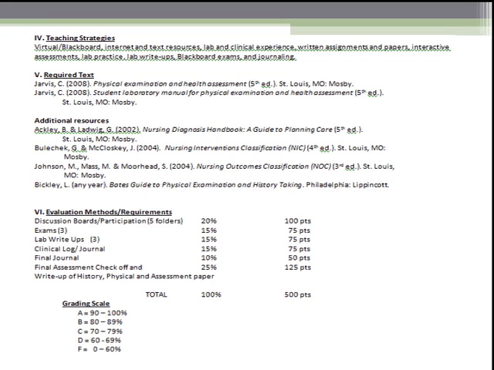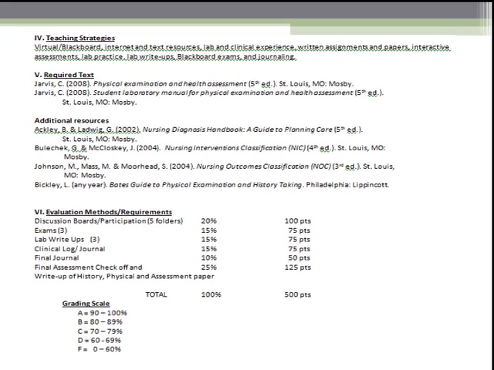We will have 3 exams, 25 points each, 3 lab write-ups, 25 points each. Clinical log and journal. Now that you're going to clinical, you're going to have to keep a clinical log for me. You will find that in the clinical folder under the assignment section. We will do a final journal worth 50 points. However, we will not, hear me clearly, will not be journaling every week in this course. We won't. There's just too much going on, and I just want you to do a final reflective journal.